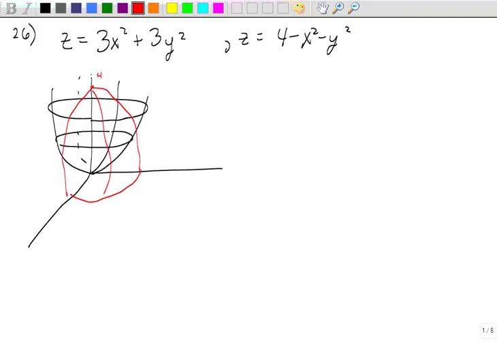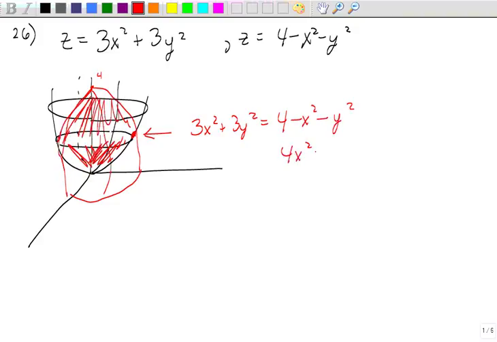So it's going to intersect there. I have the intersection of those. It's going to look kind of like an egg. Now, right where they intersect, I'm going to get 4x squared plus 4y squared equal 4. x squared plus y squared equal 1.